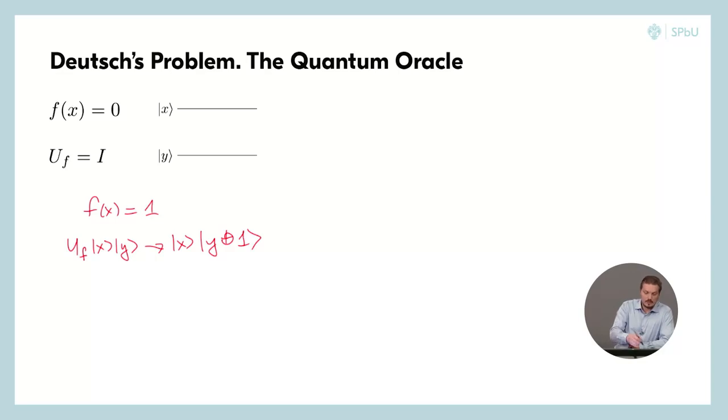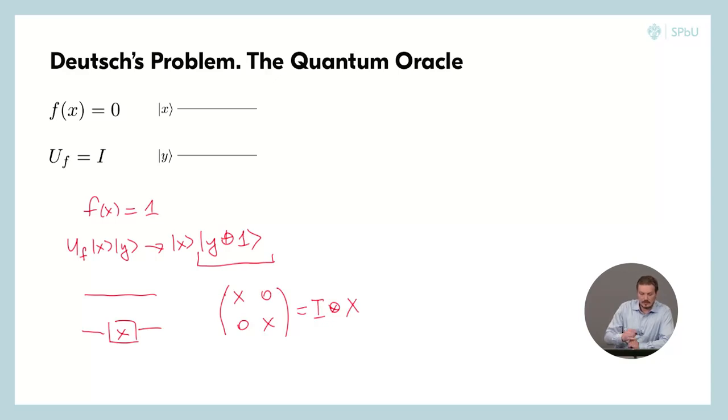So it always flips this lower qubit, and the scheme is going to be this for this operator, and the matrix is this, which is y times the product x.